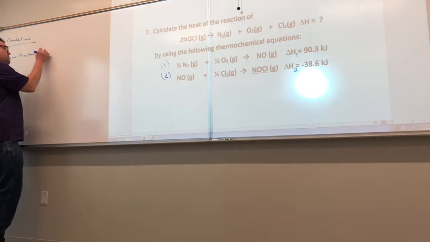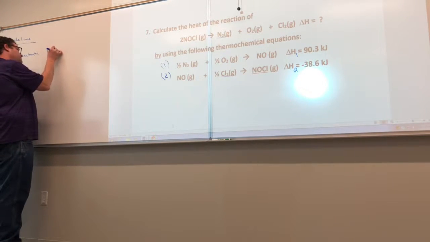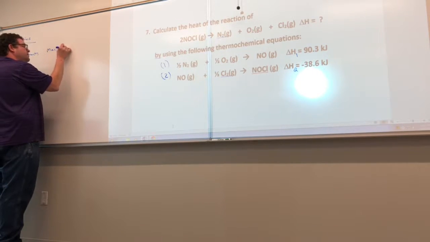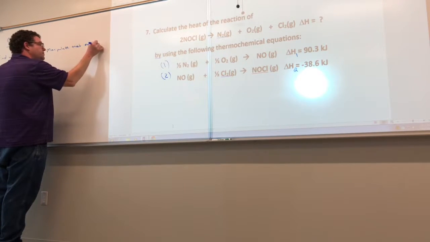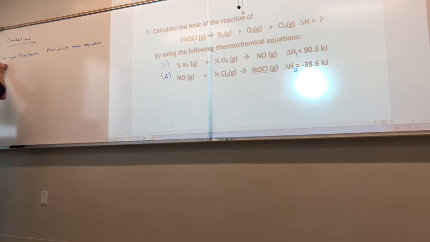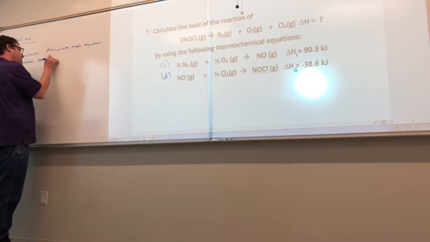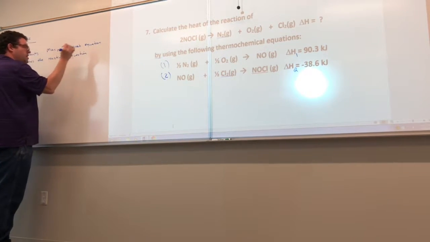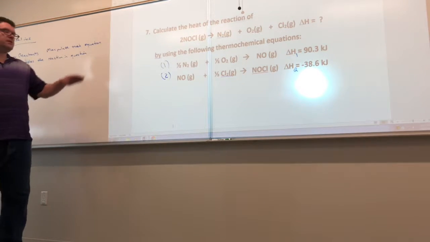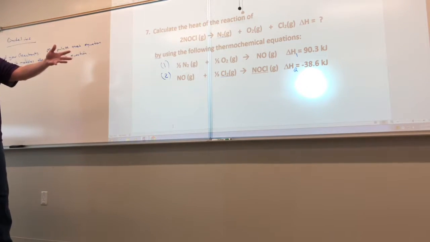Then what you want to do is manipulate that equation so that it matches the reaction in question. Okay, so what I mean by that is NOCl is on the wrong side of that equation in number 2. Does everybody see that?